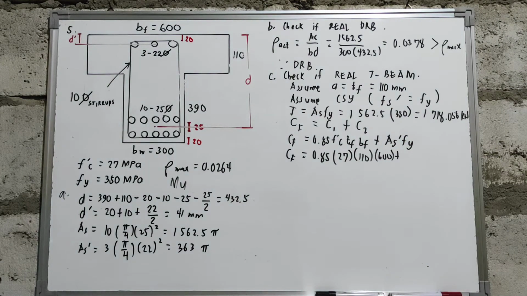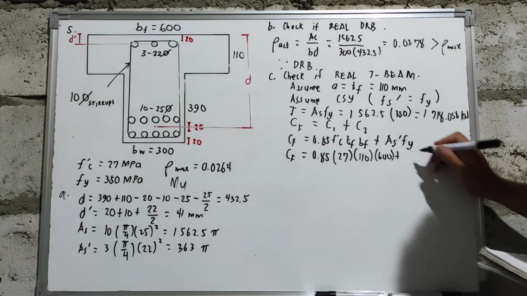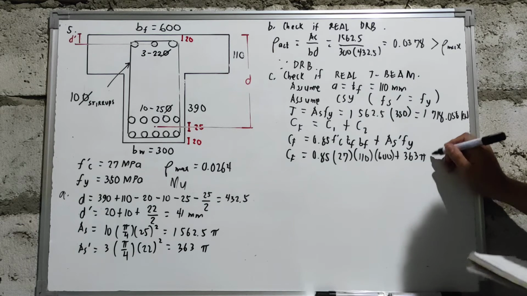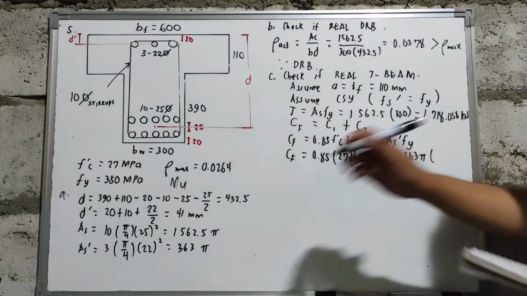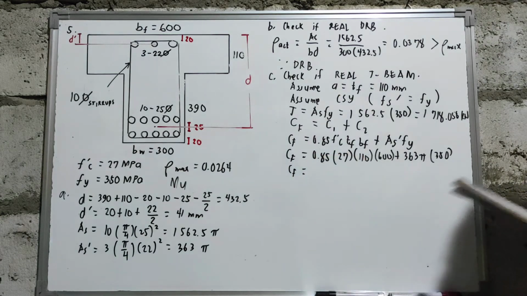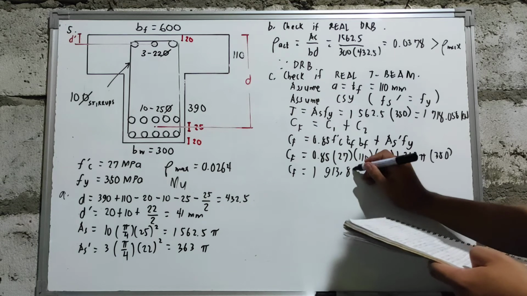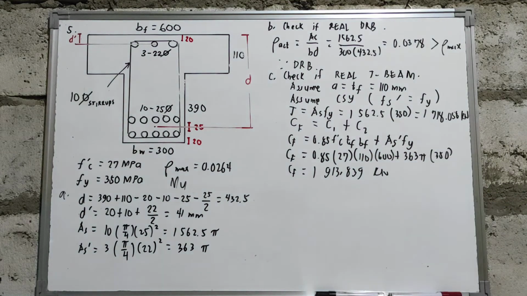Plus the value of your AS prime, which is equal to 363 pi multiplied by Fy, which is equal to 315. So the value of your CF is now equal to 1,913.839 kilonewton. So we will now compare yung value ng T natin and the value of your C sub F.